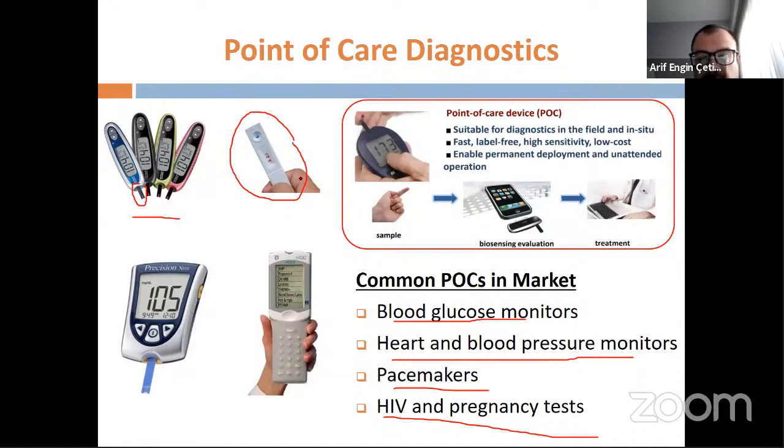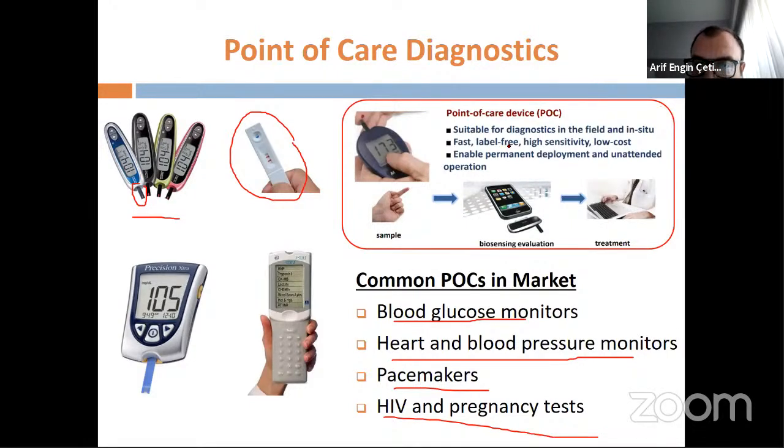So there are different methods, and these devices are developed based on the sickness or the illness. So for different targets, you should choose different methodologies in terms of optics, electrochemical, or electrical.